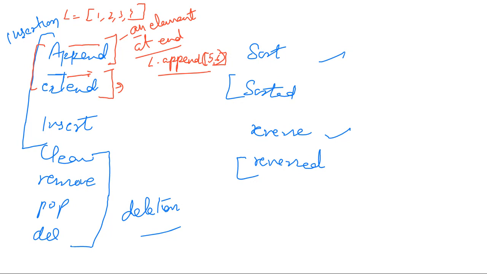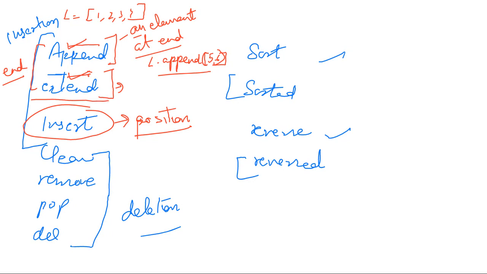They both will insert at the end of the list, but one inserts a single element and the other inserts multiple. That is the only difference. Now insert is used to insert at a position. So insertion at a position is also satisfied, and insertion at the end, with both single element and multiple elements, are both satisfied. Is this clear? Insertion.